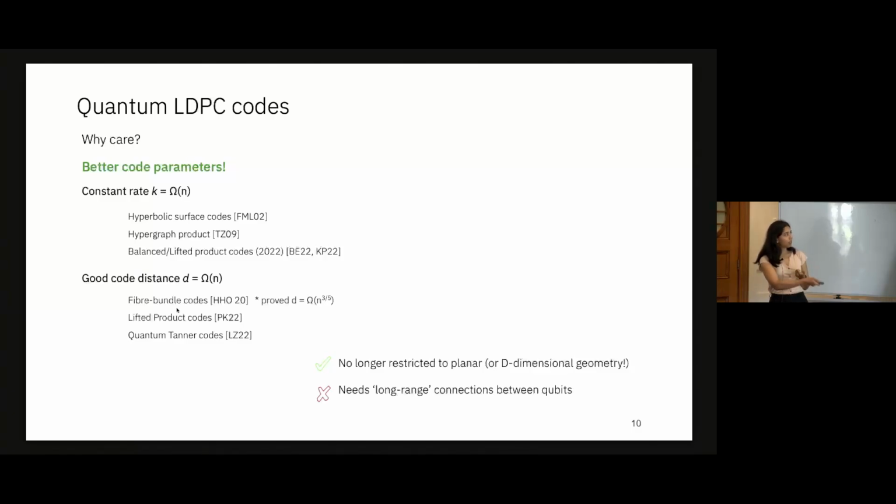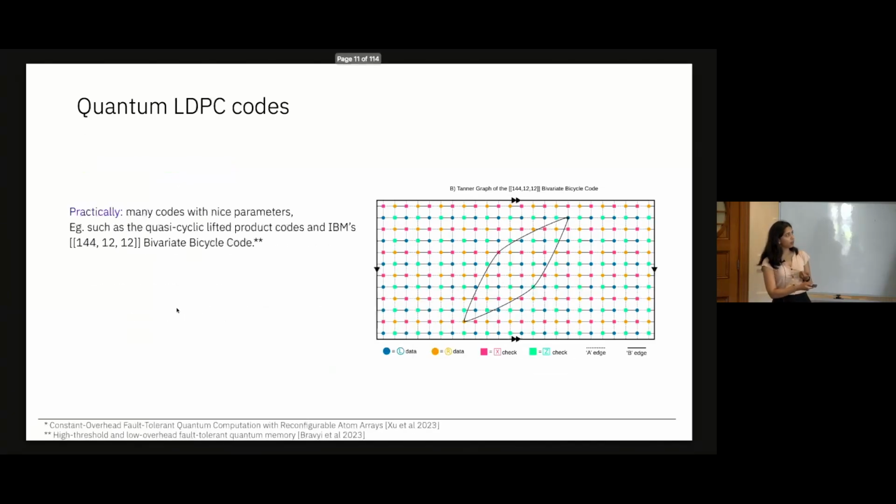So these are some of the exotic families that were discovered recently, but practically another family that's been popular is the bivariate bicycle family. It was introduced in a paper by Kovalev and Pryadko ages ago, which is the two-block code paper, but a popular reference is Bravyi et al. from 2023.